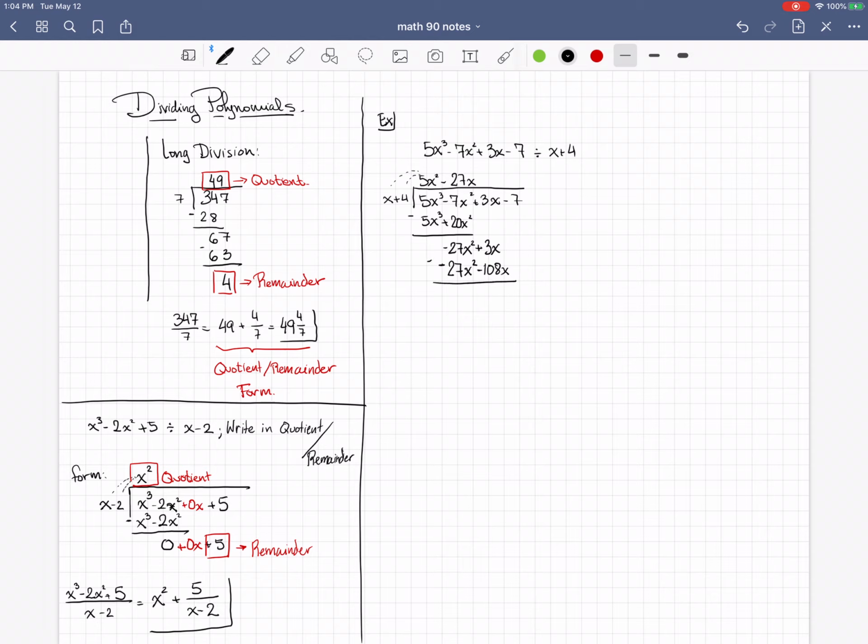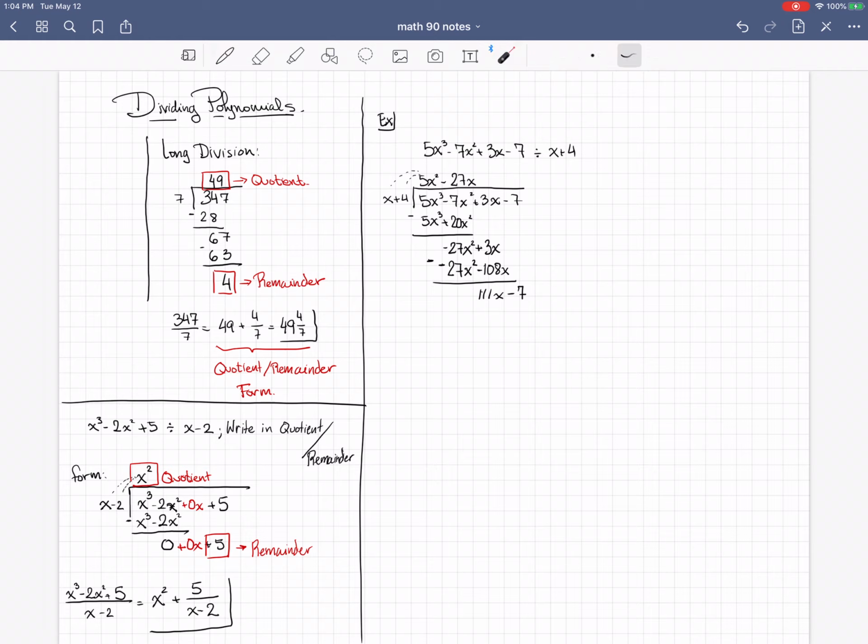And again, we're subtracting. Notice, by design, the first terms cancel, and now I have 3x minus negative 108x. So the two minuses turn into a plus, and it becomes 111x. And the last thing I have left to bring down is the minus 7.